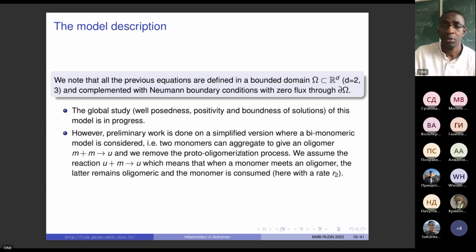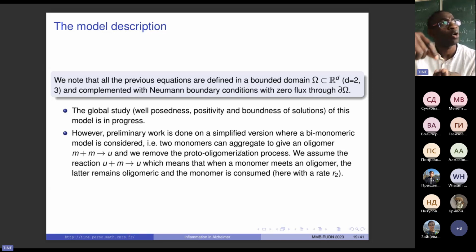So instead of working on the whole model that we are working on, at the beginning we say, okay, this is the whole and general model. What happens when we consider a simplified version of this model? The simplified version is just a version where we have a monomeric model.